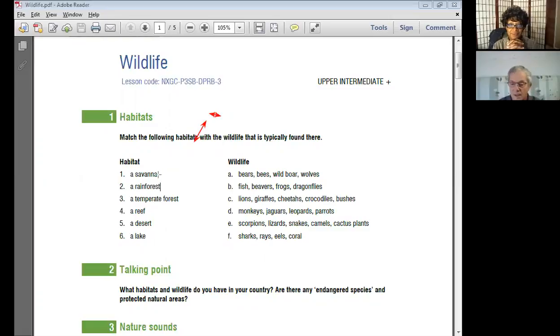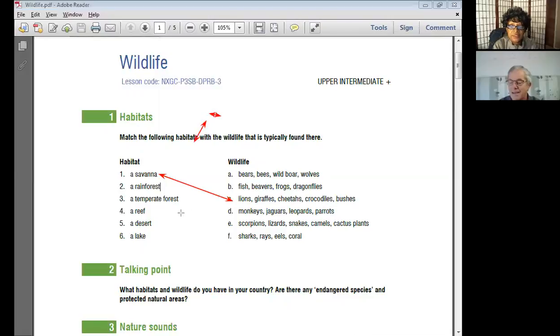A savanna is a place where we can find lions, giraffes, cheetahs, crocodiles in the bushes. Very good. One moment, Bernard, before you choose the next one. I want to say that one is a savanna.